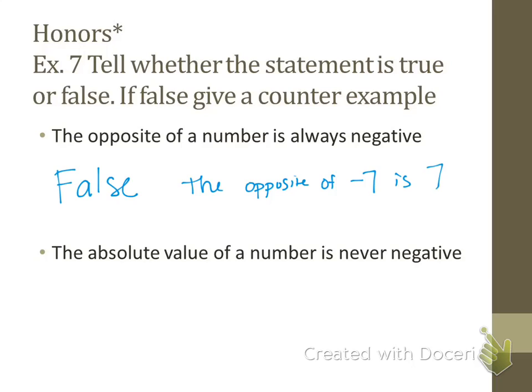No. Remember that big red sentence at the top of the absolute value? So the absolute value of a number is never negative. Is that true? Yes. Because we're not talking about if there's a negative on the outside. It just says the absolute value. So this is true. Okay?